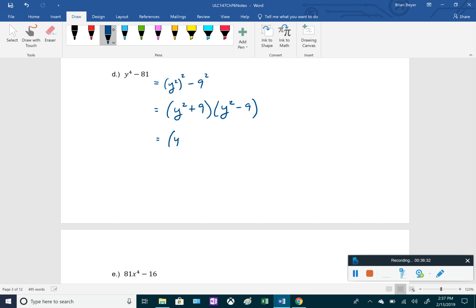The y squared plus 9 is already done. However, y squared minus 9, that could be factored again as y plus 3 times y minus 3. And now we're done. So that one actually just had two difference of squares in it. The first one was just higher order degree 4.